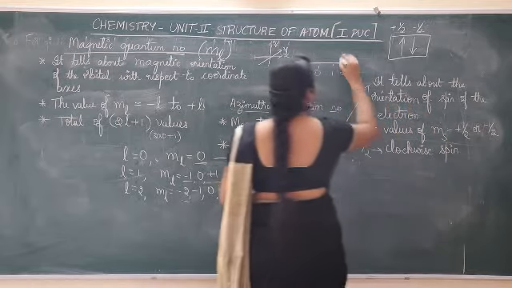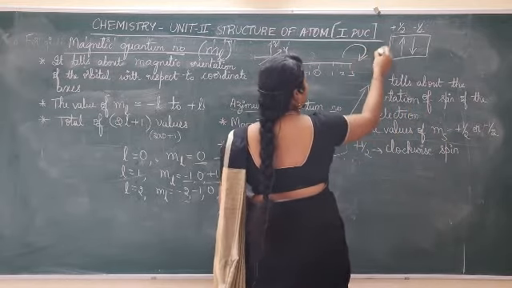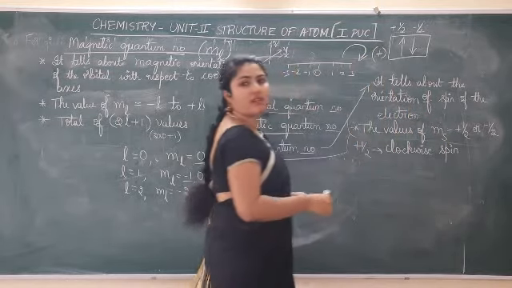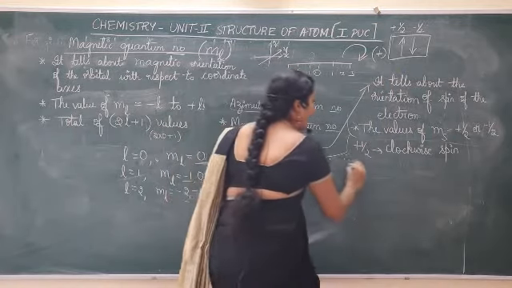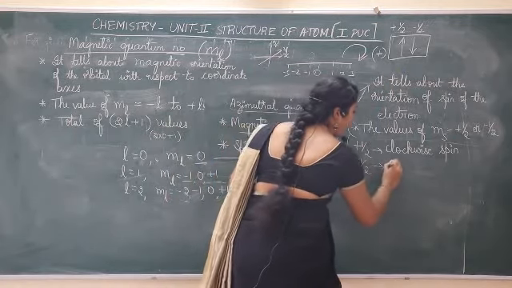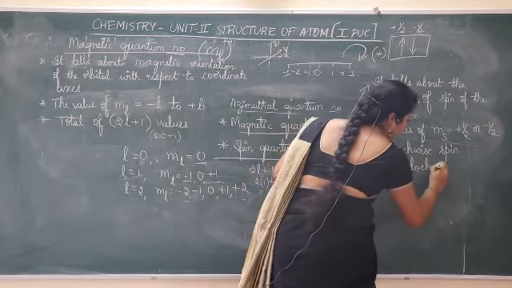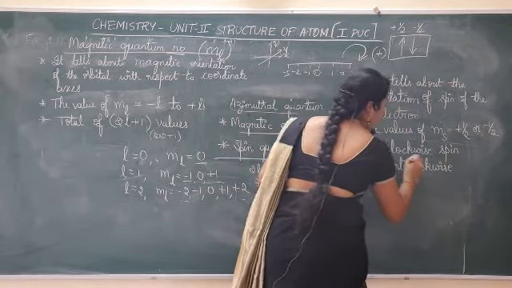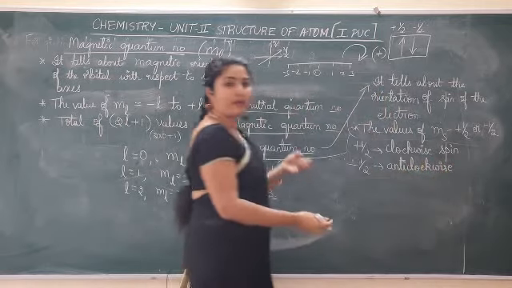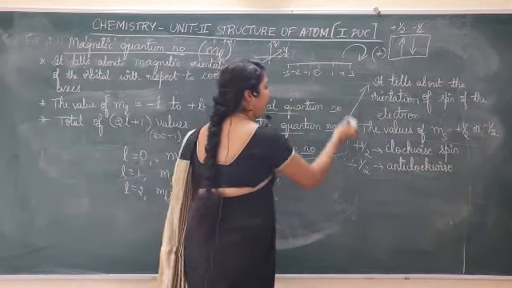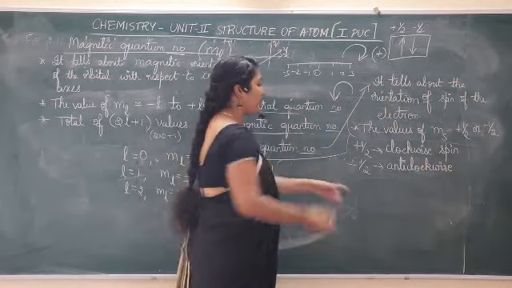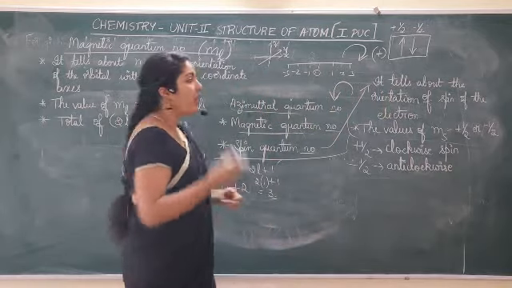If the spinning is in the clockwise direction, we denote it with positive spin value. If it is spinning in anti-clockwise direction, then we show it by a negative spin value.